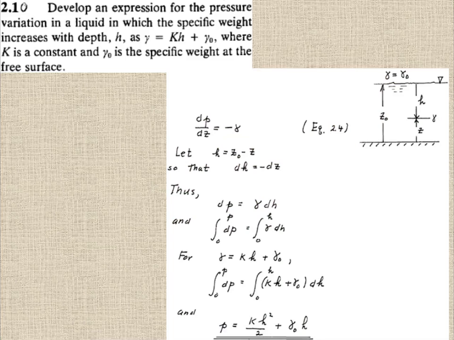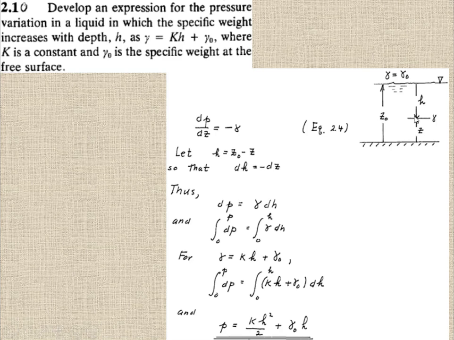The surface which is open to atmosphere is called free surface. So let's see here. This is the free surface where the specific weight of the fluid is gamma naught, as given here, and at height h, the specific weight of the fluid is gamma. The total height from here to here is z naught.